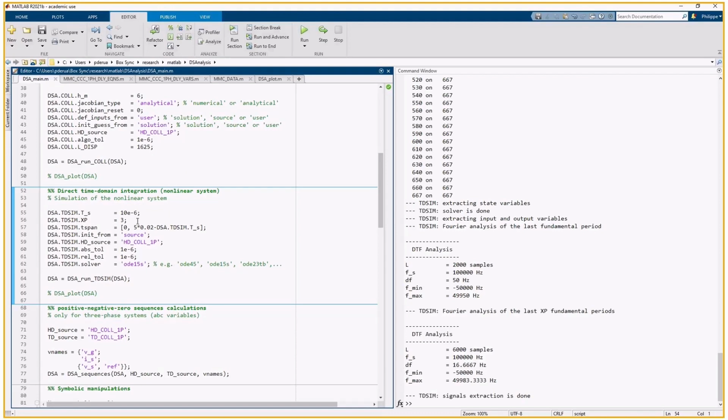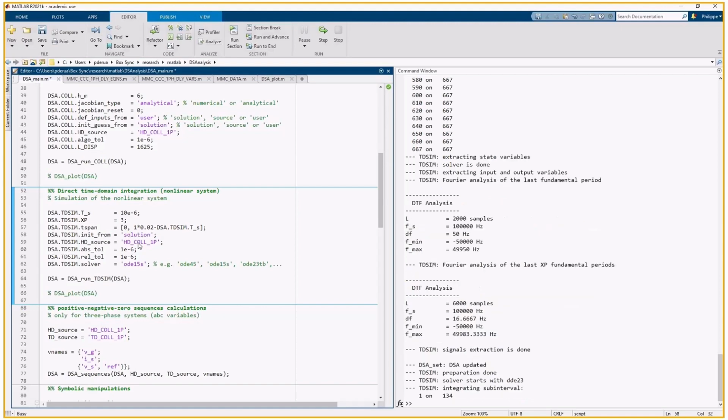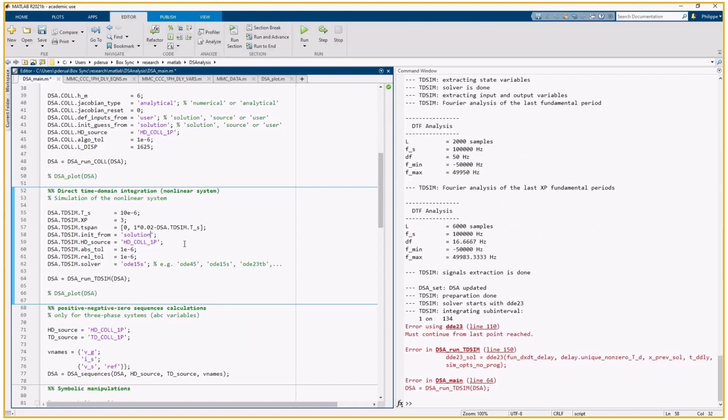This time, if I would like to extend with additional results, I would like to solve for one more fundamental period. I can start from the solution. This will not work. And the reason is that when you are considering delayed systems, if you start from the solution, you have to start from the last time value. So we have solved up to this particular time value.